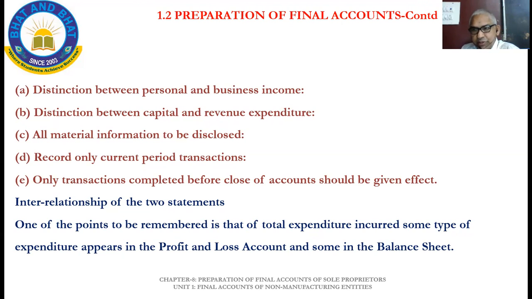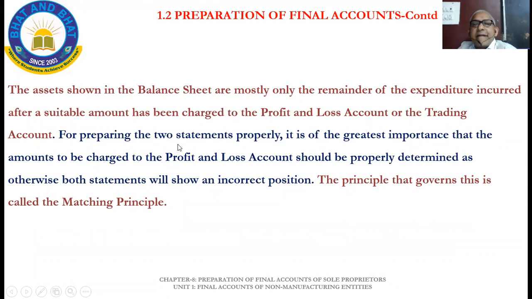Then 60,000 rupees, though not yet received, will be treated as an income and shown on the income side of the profit and loss account. The profit and loss account credit side is the income side. And as it is actually not yet received, it is to be received, it is like an asset. Hence, that amount will be shown on the asset side of the balance sheet. That is the meaning of that. Hence, that is the interrelationship between profit and loss account and balance sheet, what I have told you just now.